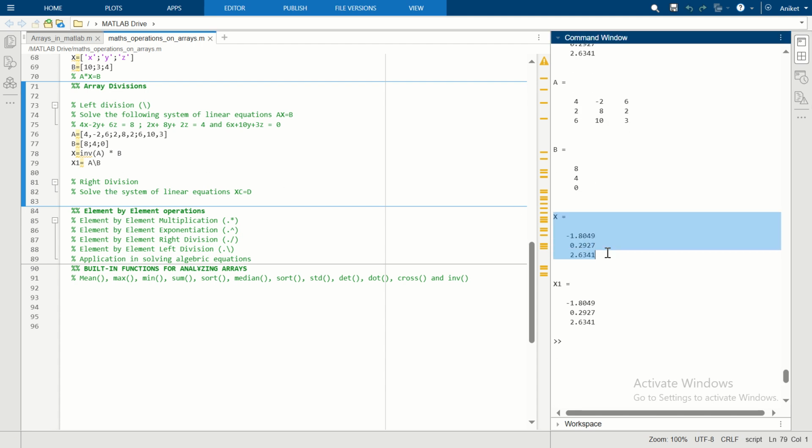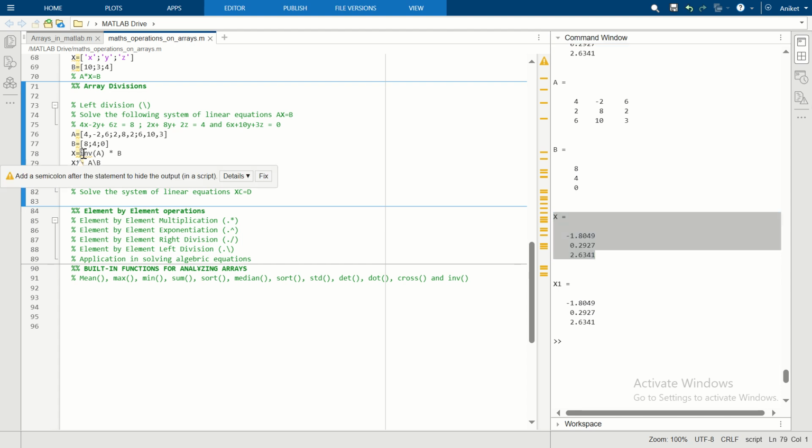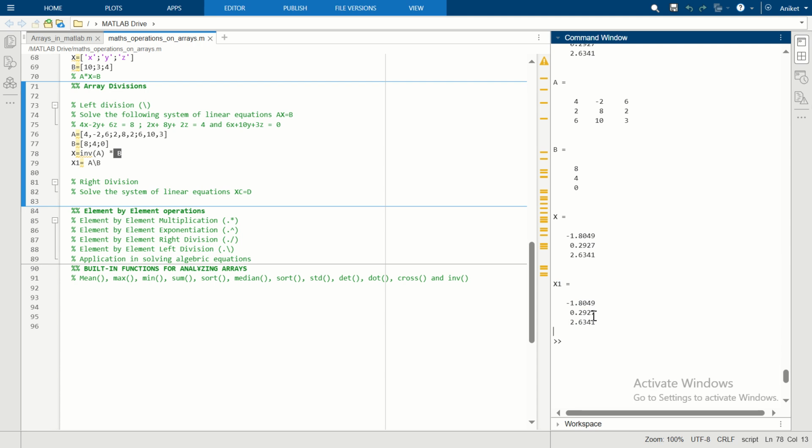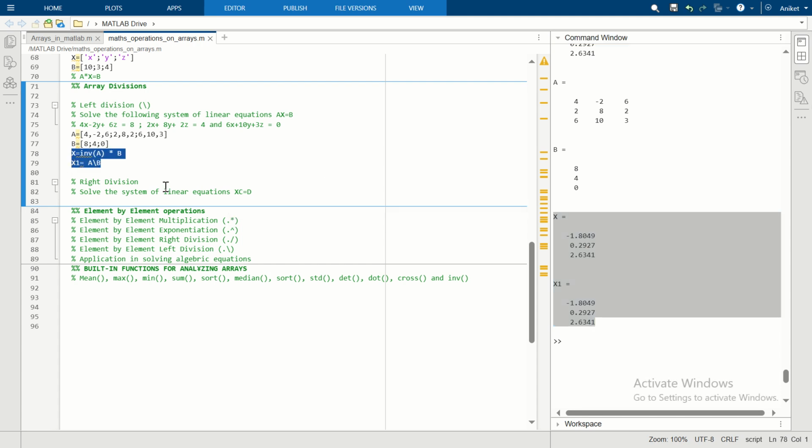This is the x we got by inverse of A into B, and this is x1, which is A left division B. Both the values are the same. So this is nothing but the left division.